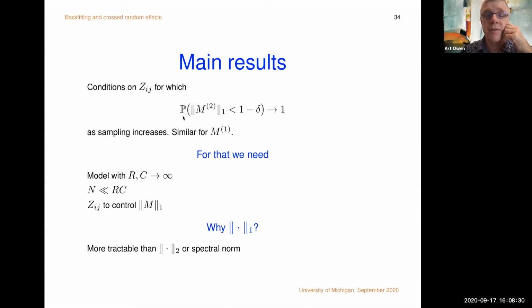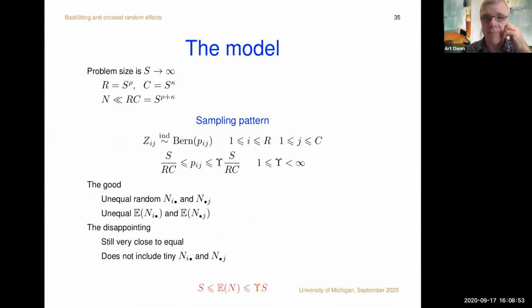Well, we need to know about this capital P. What's inside that? And we're going to have a model where R and C both go to infinity, but N is way below R times C. And then we have to decide how these random Zij's are going to control M. And why did we do M? Because we could. It's way more tractable. We'd be better off doing the L2 norm or the spectral norm. We couldn't figure out how to do it.